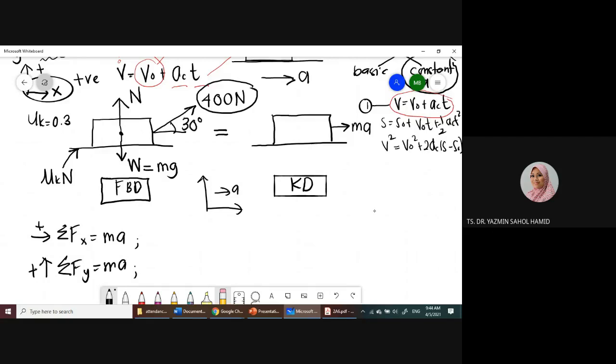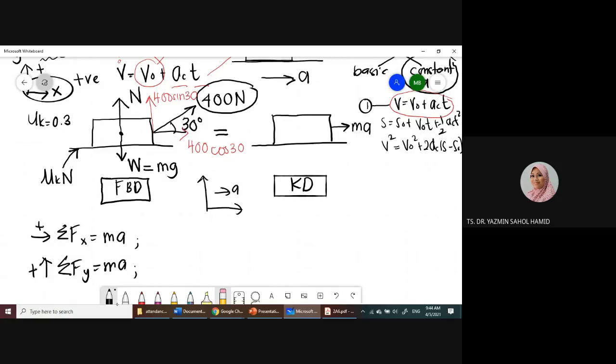It's not along the x and y coordinates, so you need to resolve this. If you resolve it in the x direction, what will it be, 400 sine or 400 cos? Cos 30. And this one is 400 sine 30. Now only you can begin, because everything is in the x and y coordinates.